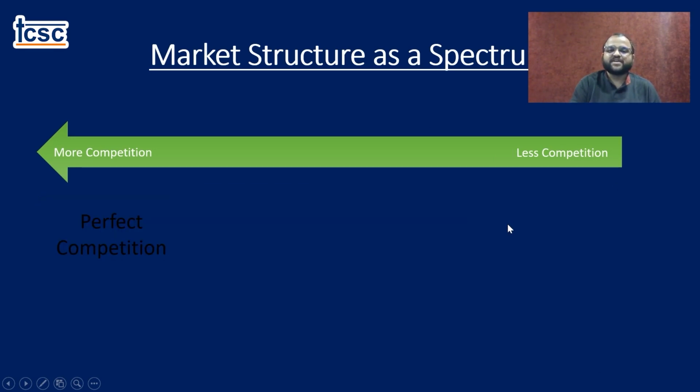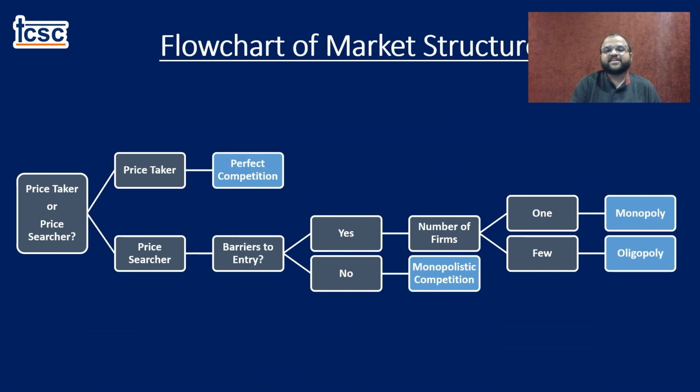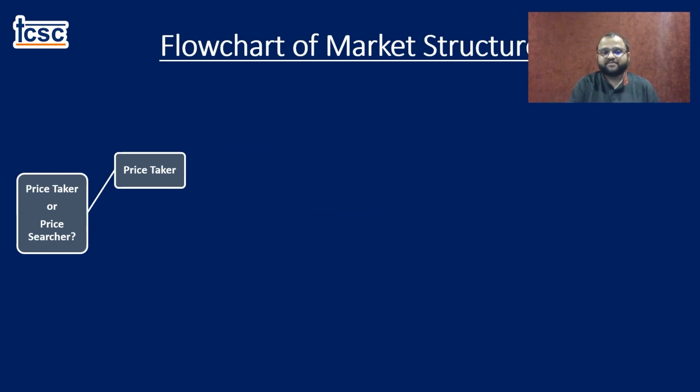So, once again, now that we're done with it, I think this flowchart would make more sense to you. Let me just take a minute to revise it. When we are trying to understand markets on the basis of market structure, visualize who is a price taker or a price searcher, what we call a price maker.